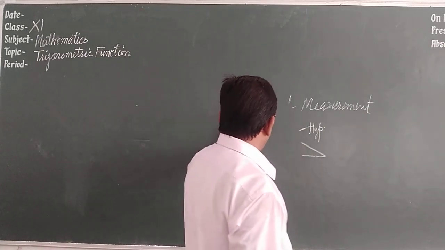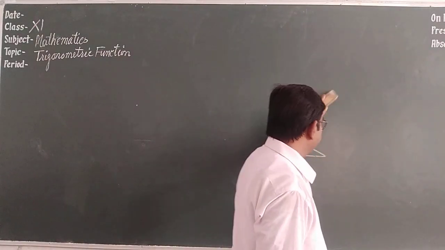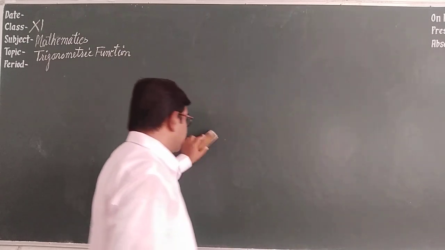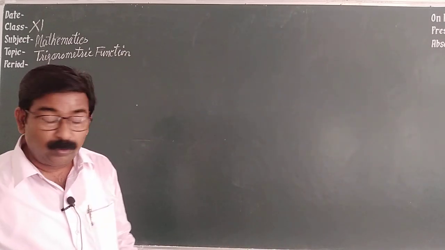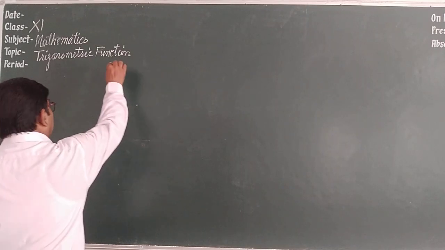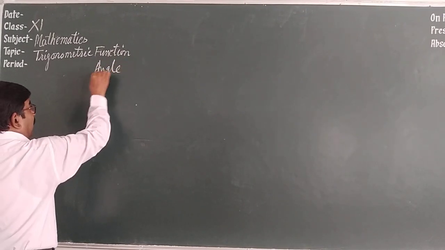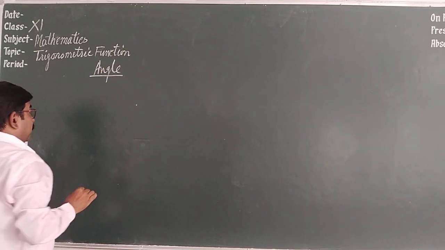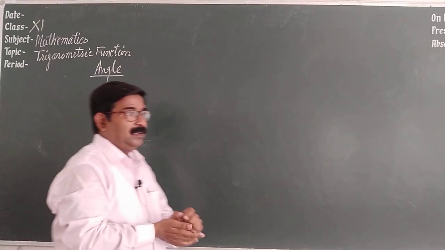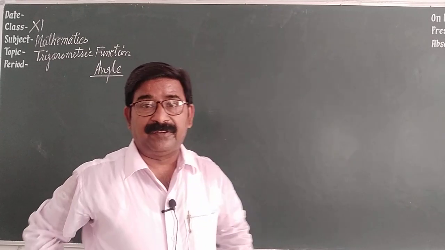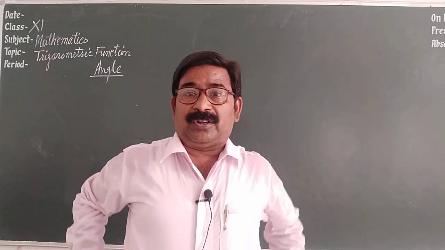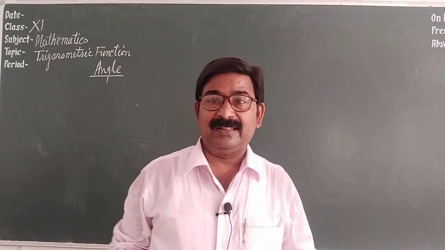Now we are coming to this segment. The first thing we have to know about is angle. What is an angle? Everyone knows the definition, you have been taught in previous classes.